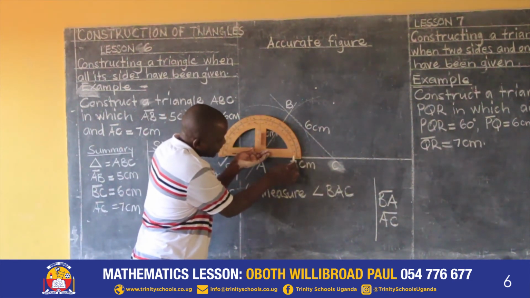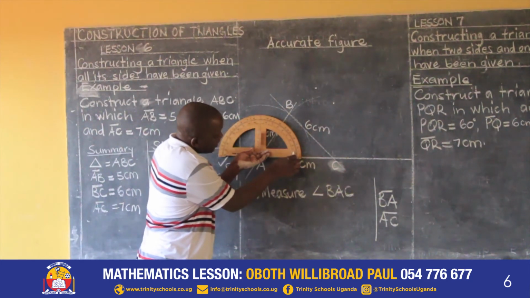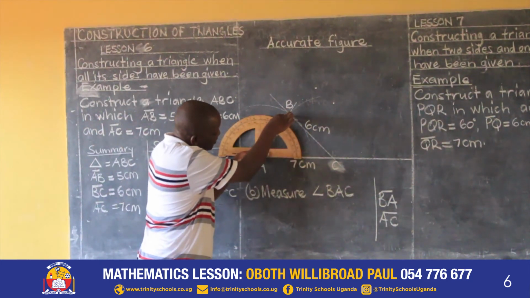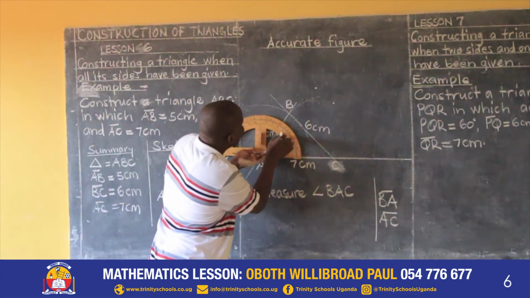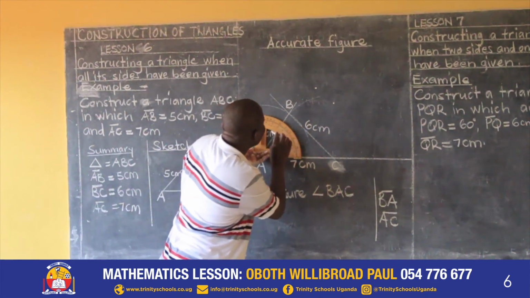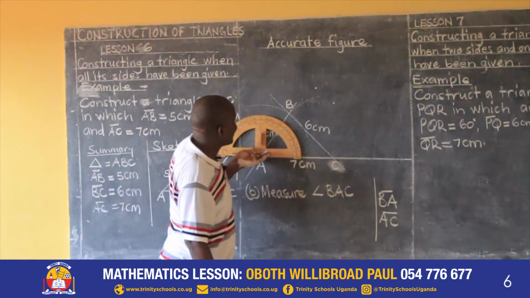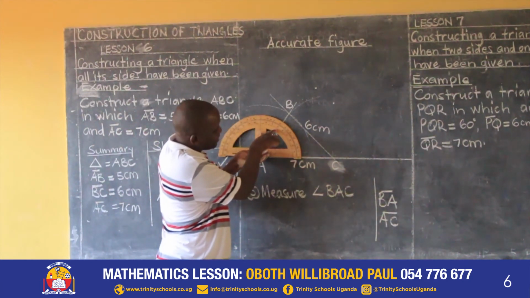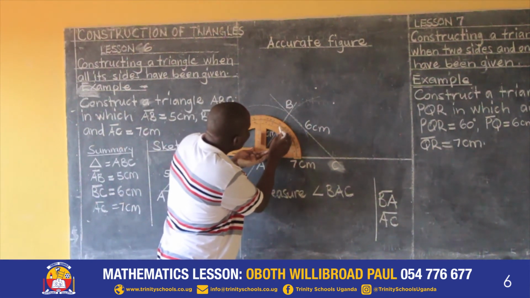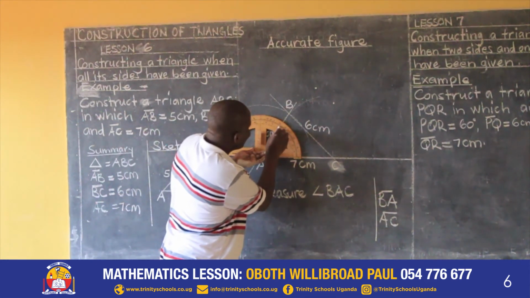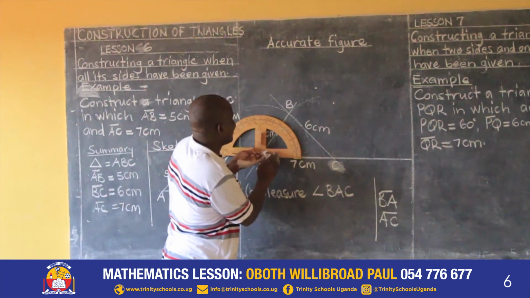Then you follow that, 0, 10, 20, until we reach this line, 40, 50. According to mine, it is not 60, it is less than 60, so it is 58.